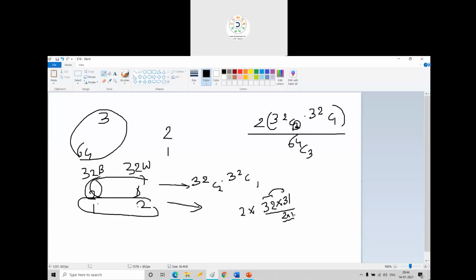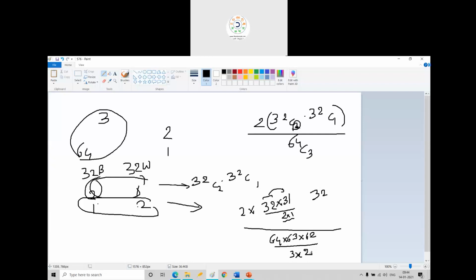Then similarly 32C1 will be simply 32, whole divided by 64C3, which becomes 64 into 63 into 62 whole divided by 3 into 2 into 1. So that one I'm not writing here.